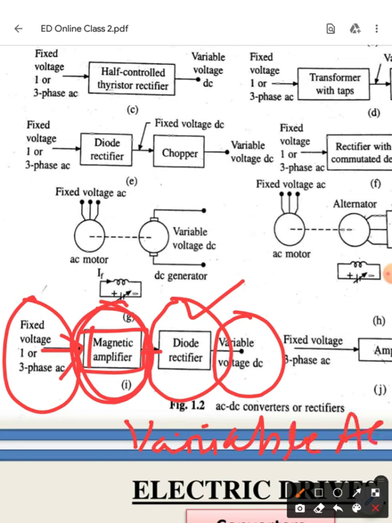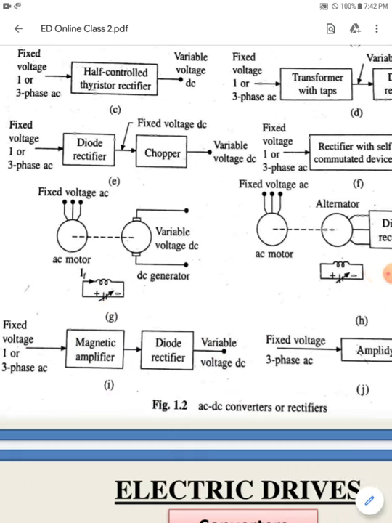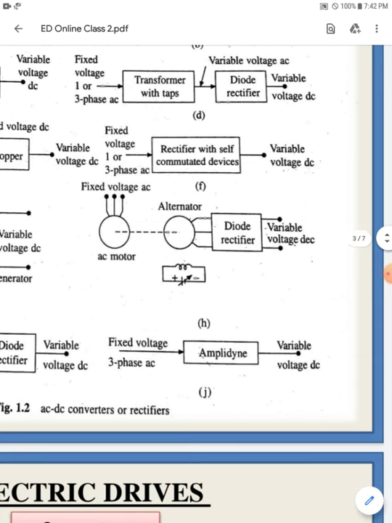As the variable AC is connected to the diode rectifier, at any instant, depending upon the value of the voltage, this output DC voltage will be generated, right?